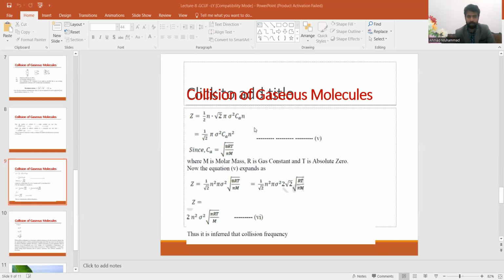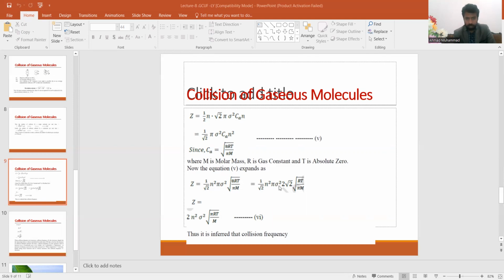Further, this will be n square, and then we add the value of average velocity, which is equal to the square root of 8RT over pi m, where m is the molar mass, R is the gas constant, and T is the absolute temperature. Then the equation becomes that form.